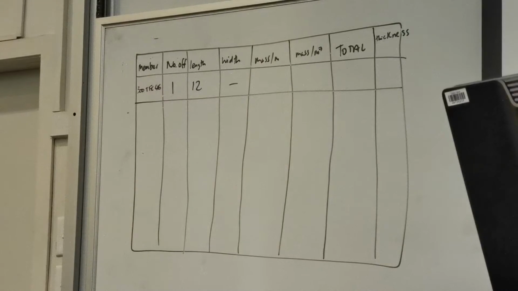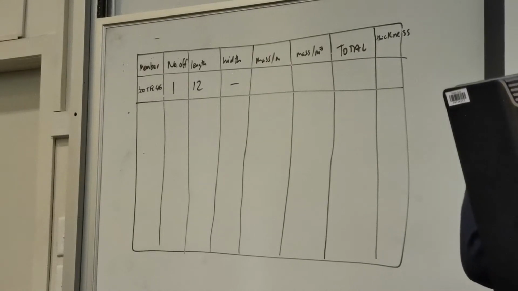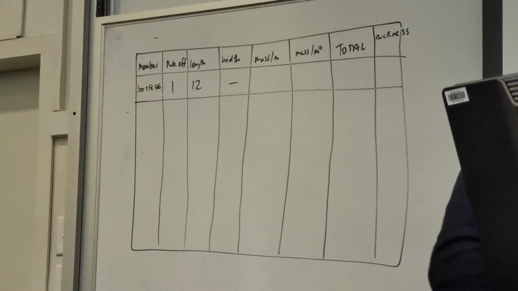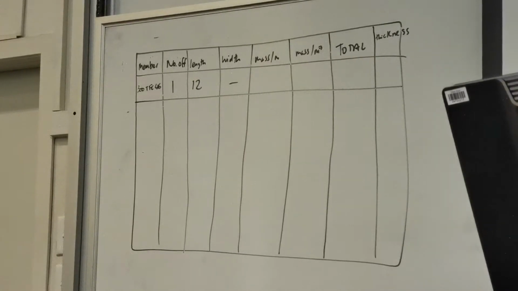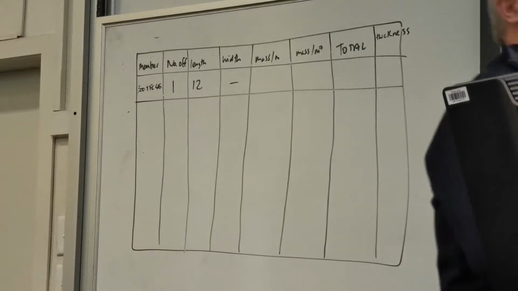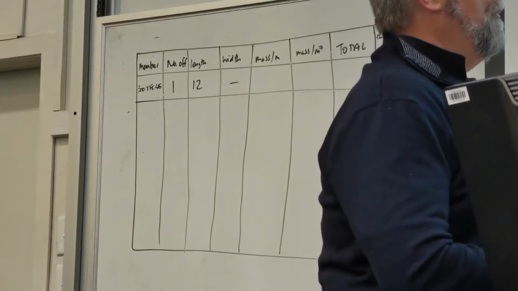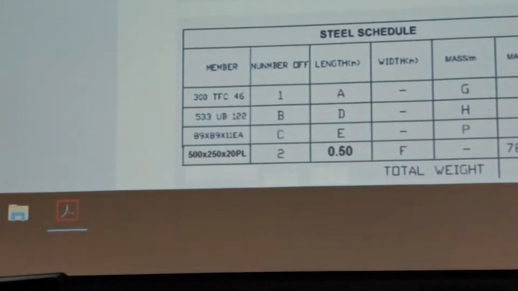Unfortunately, some of you got on the internet for your assignment, looked up the member that was on the internet, found the mass per metre, thought, yay, gold, and put it in there instead of this number here which you were asked for, which made that number quite different. And you'll be wondering why you possibly lost marks for that. I wanted you to do it as per the steel schedule. So 46 is the magic number that we need there.